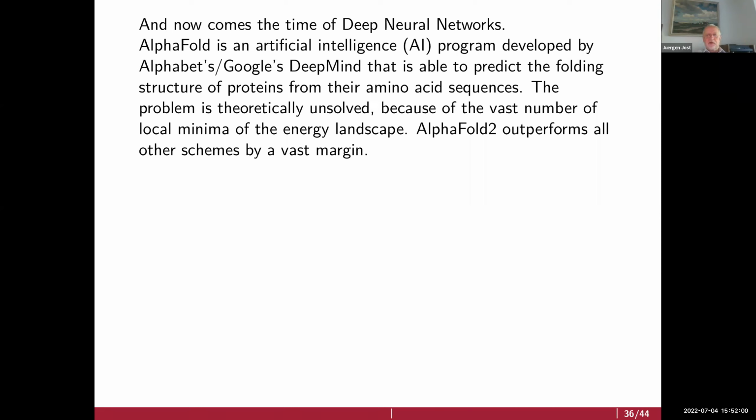But AlphaFold, a deep neural network, in particular AlphaFold 2, the second version from 2020, outperforms now all other schemes by a vast margin. And now we have a good scheme to predict the structure of a protein from its sequence, and we no longer have to go through the very difficult biological measurements.